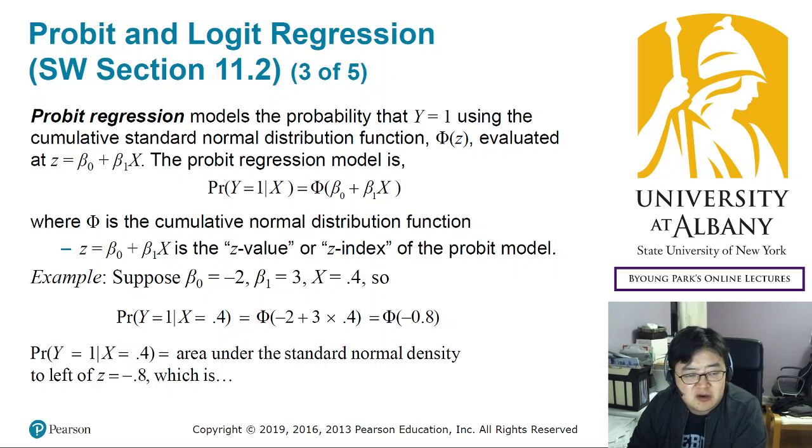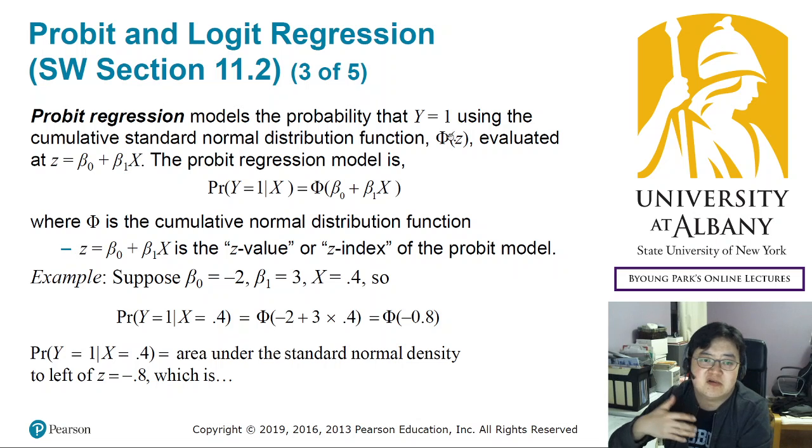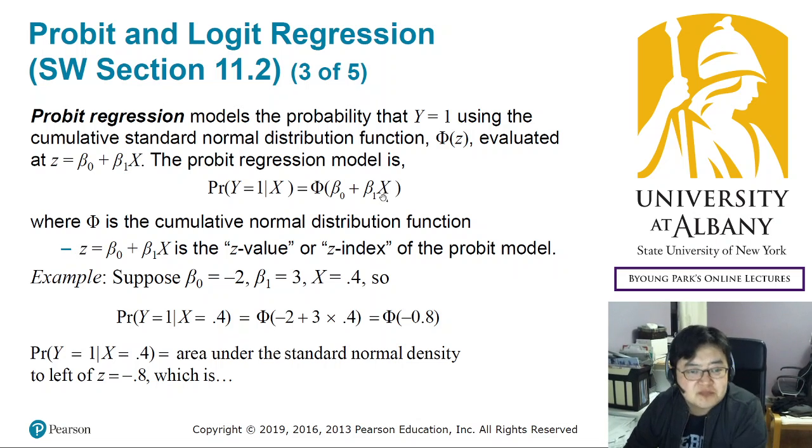Think about the example of a mortgage application. You applied for a mortgage, and the bank decides based on your PI ratio. X is, say, your income or PI ratio. Say simply income. Then based on your income and other observed characteristics, in the first step, the bank grades your application: how good you are, how reliable.